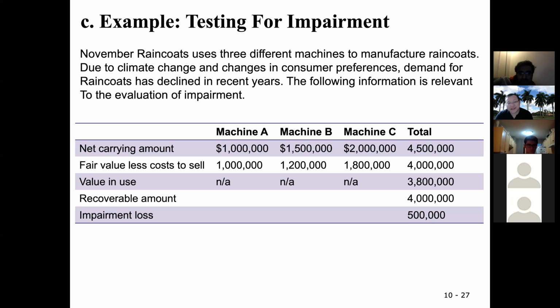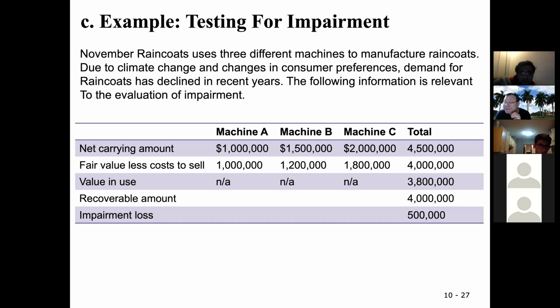So this is the first step, the indicators. Now tell me, what are the cash generating units? What's the smallest identifiable group of assets that generates cash flows independent of other cash flows? Machine A?